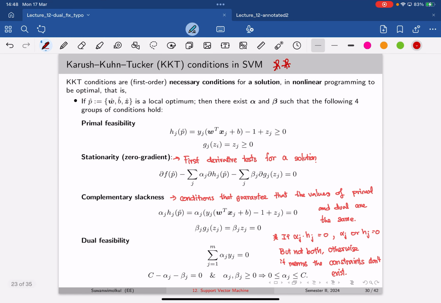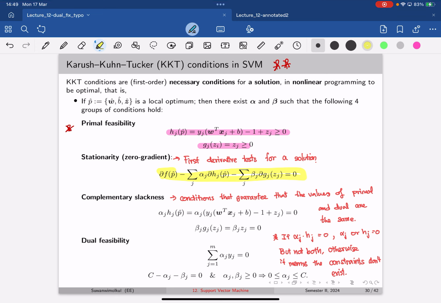Okay, in these slides, I just summarize all the conditions that we've seen before. The first type of condition is the primal feasibility, the conditions in the primal problem. The second type of condition is the first derivative test, that is when you take the gradient and equate it to 0.